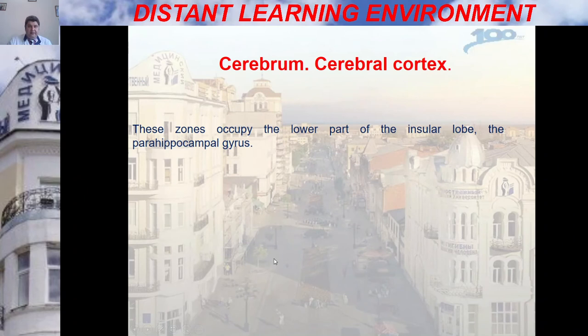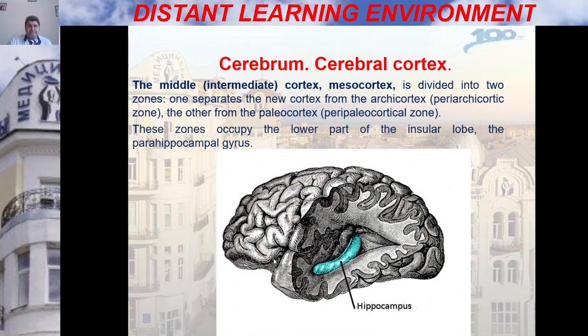Next, you may see the middle cortex or mesocortex, which is divided into two zones. One separates the new cortex from the archicortex, the periarchicortical zone, the other separates it from the paleocortex, the paleocortical zone. These zones occupy the lower part of the insular lobe and the parahippocampal gyrus.